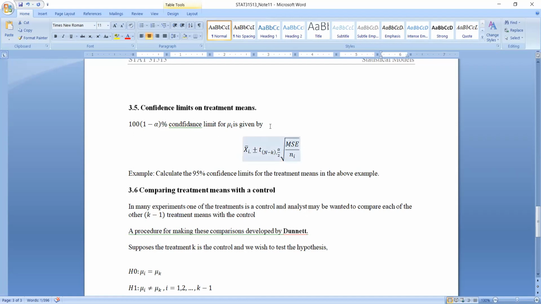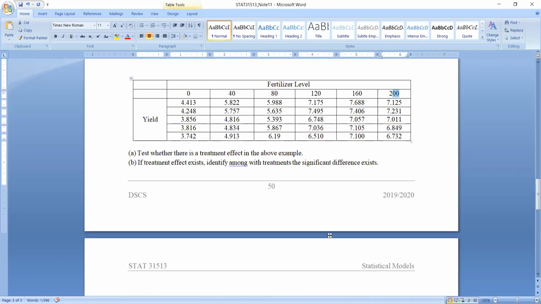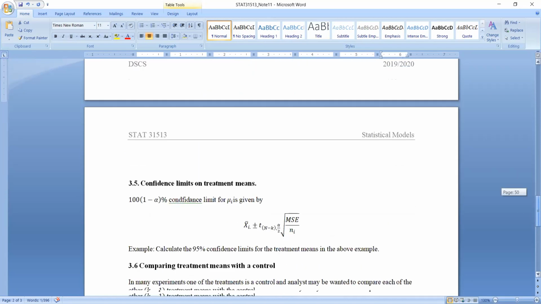This will give you a confidence interval for any treatment level. So let's calculate the 95% confidence limits for the treatment means in the above fertilizer level example.